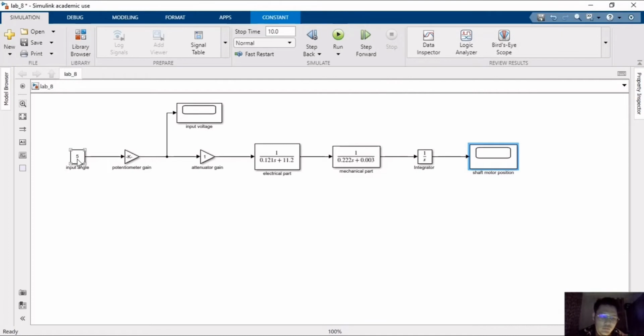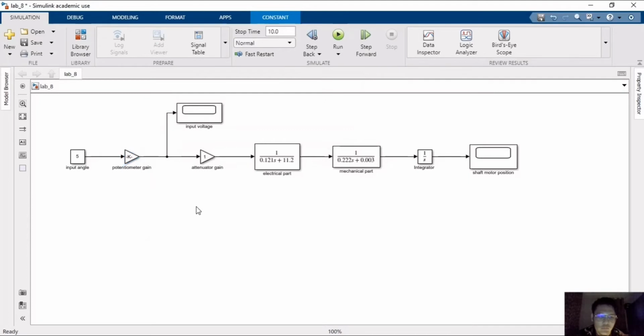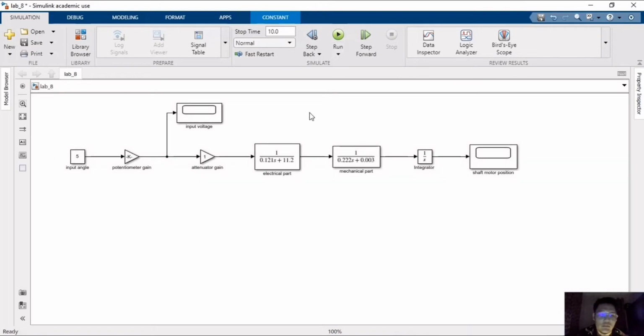Okay, so when the potentiometer gain is anti-clockwise, as we can see, I change it to negative 0.61111, so it will be anti-clockwise. Then I run the simulation.